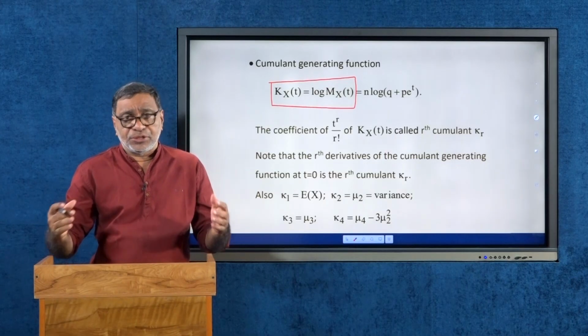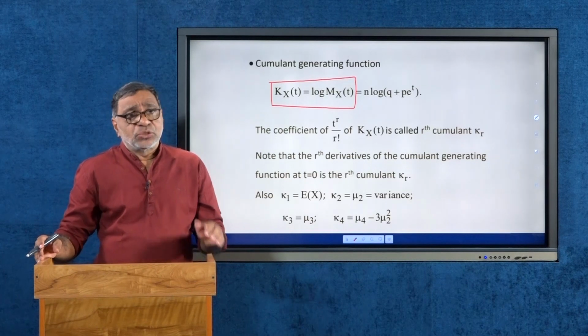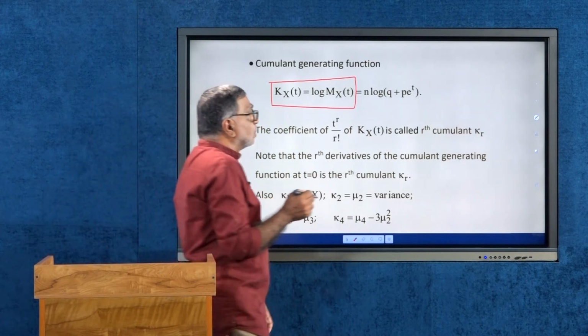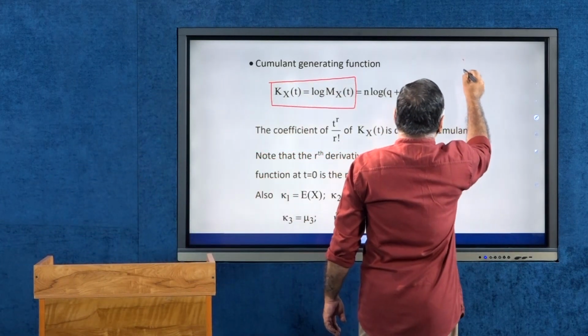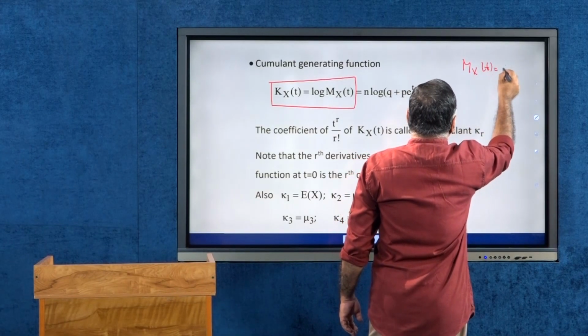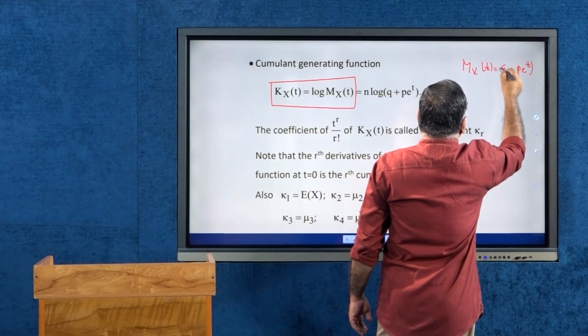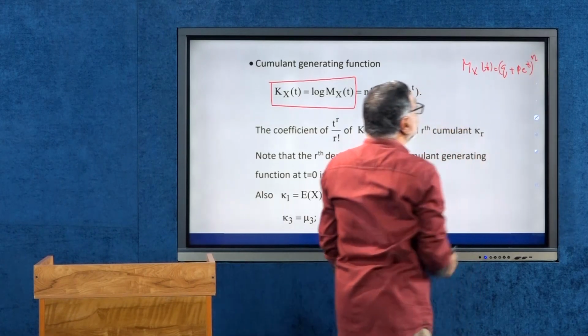That is the definition of the cumulant generative function. For the binomial random variable we already obtained the moment generative function M_X(t), that is (q plus p e power t) all power n.